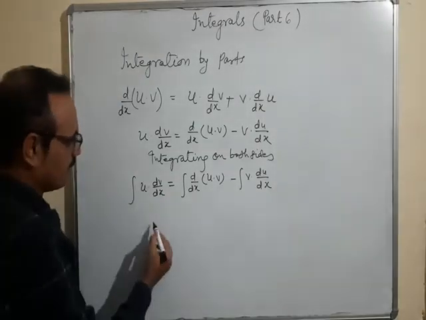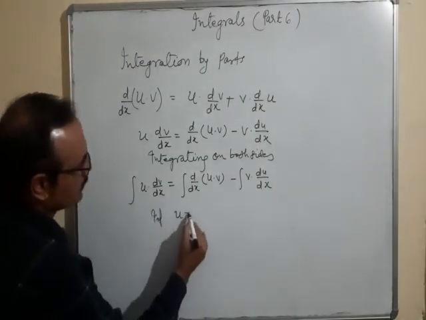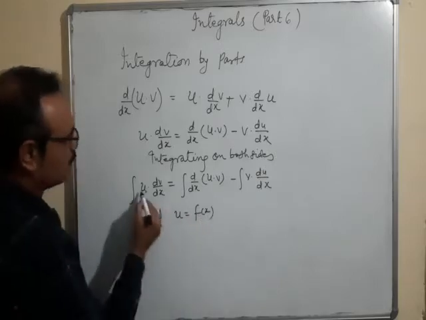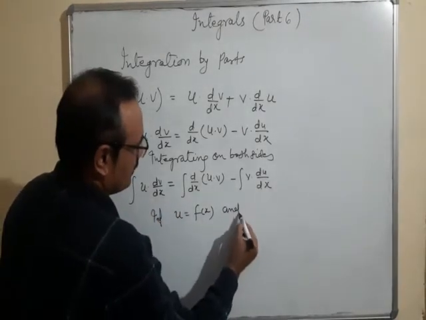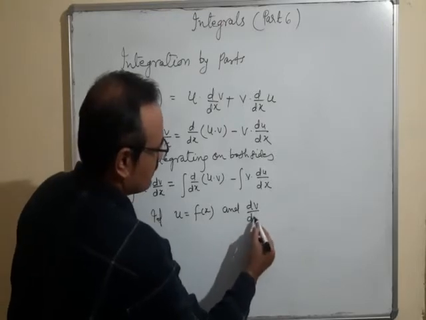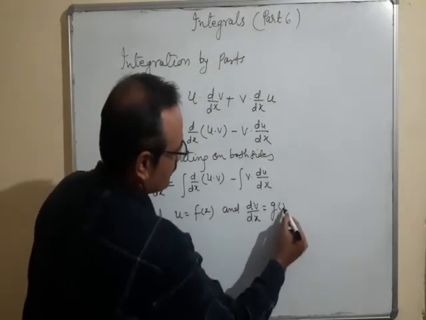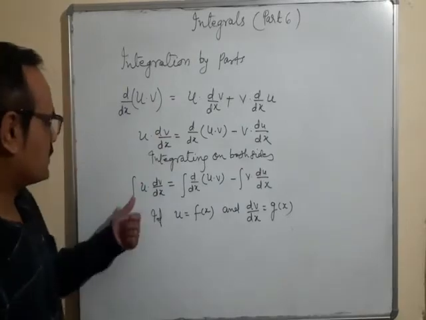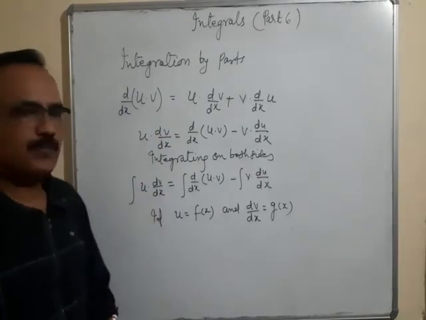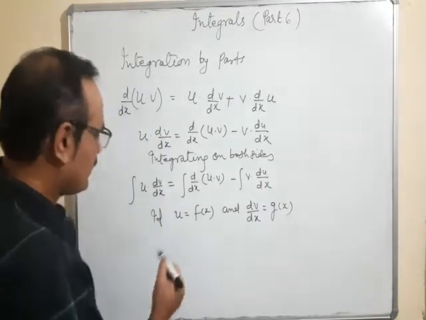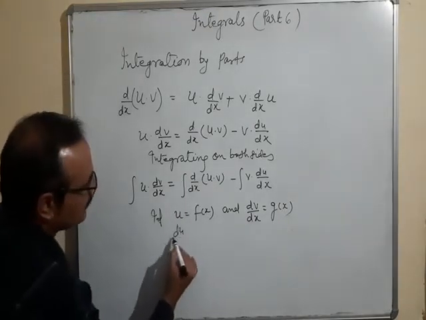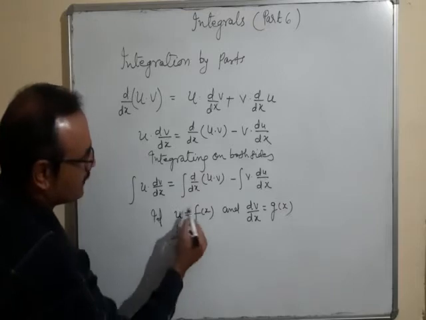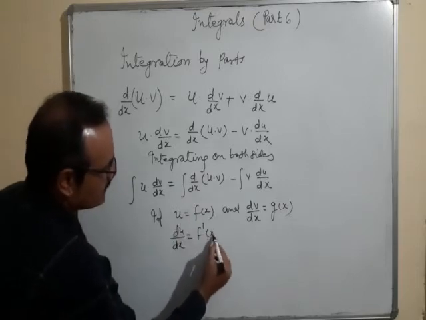Now let us take u equal to f of x, the first function, and dv by dx equal to g of x. These two functions I have taken, first f of x, second g of x. So if u is equal to f of x, then du by dx is f dash x.